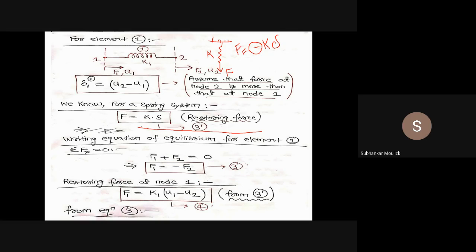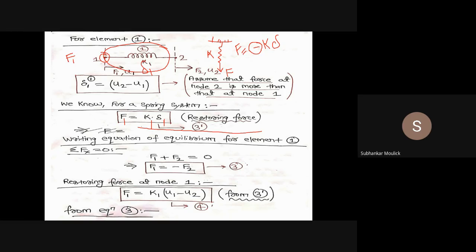So the nodal force at the first node, F1, for this particular element, with stiffness K1, will be K1 into delta 1. Delta 1 is the linear displacement for element number 1. Since I am considering nodal point 1, let us consider that F1 is greater than F2, because I am interested in getting the value of the nodal force F1.